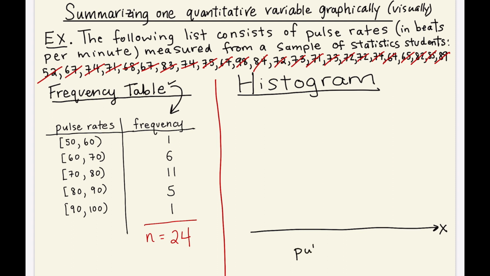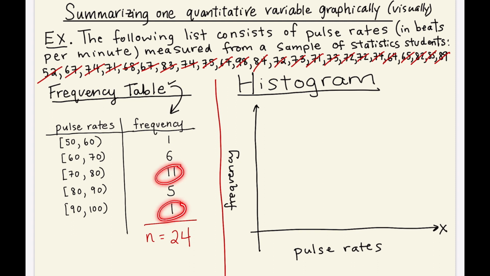On the horizontal axis, I'm going to have the pulse rates. This will give me the values for my horizontal axis. On my vertical axis, I'm going to put the frequencies. Since the range of my frequencies is from 1 to 11, I've decided that on this axis it makes sense to use 5, 10, 15.